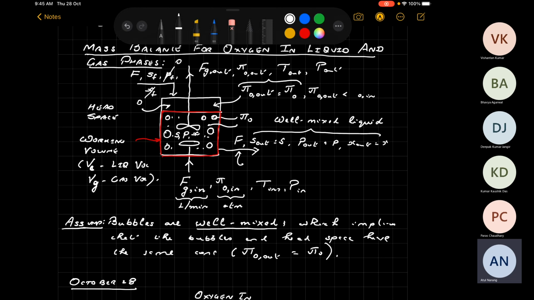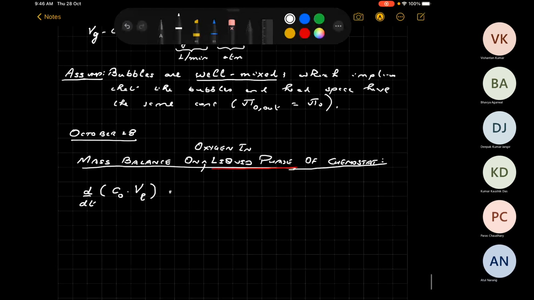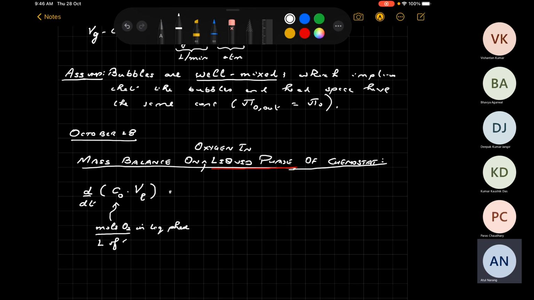So maybe it's in the liquid phase. This I denote by CO. This is moles of oxygen in the aqueous part of the reactor. So this is moles of O2 in liquid phase, or I should say moles of O2 per liter of liquid phase.